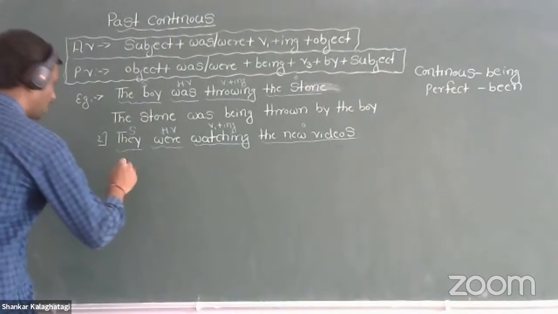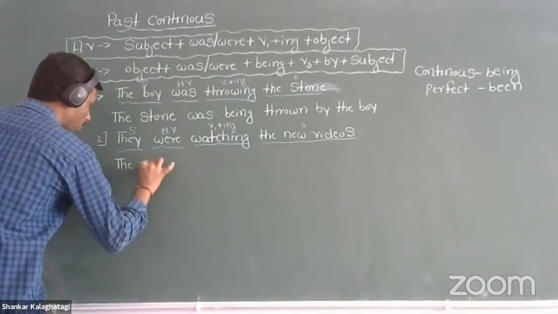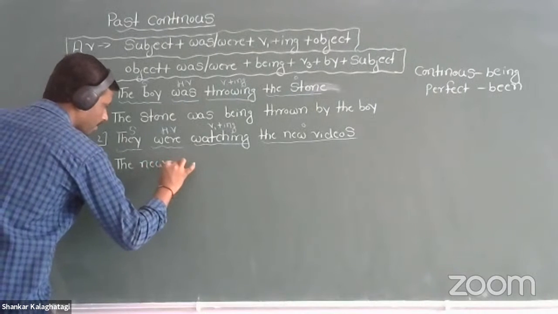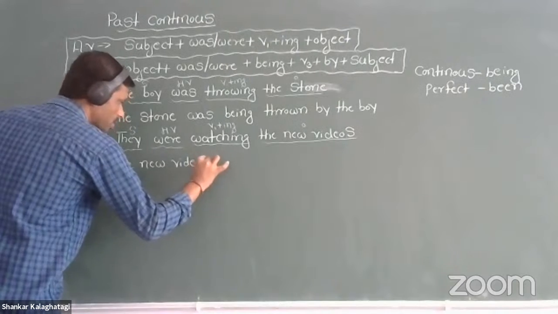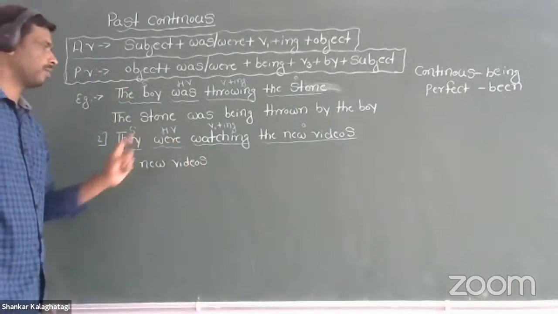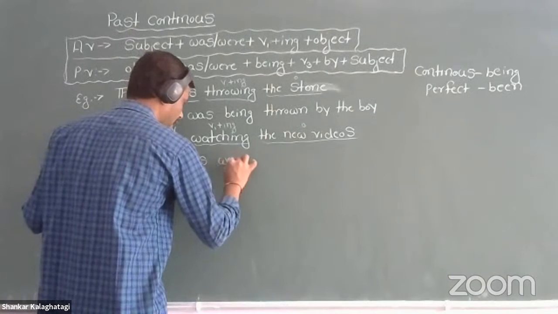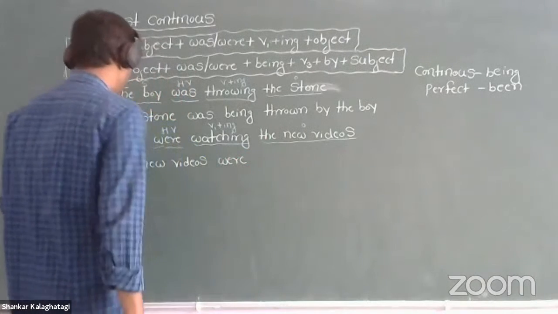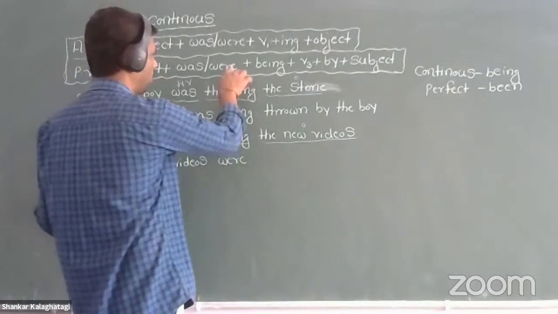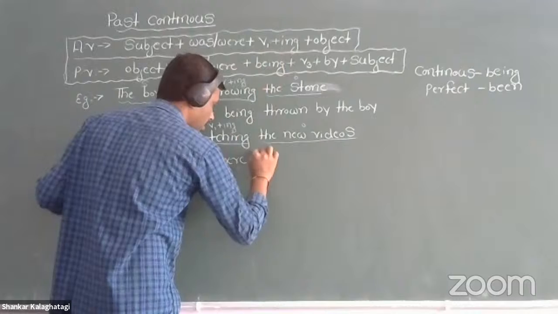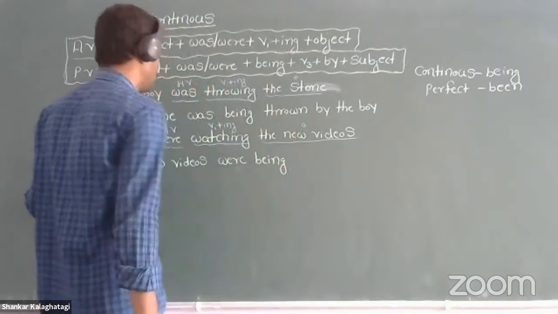So first we have to write the new videos. Now videos is plural. Whenever it is plural, we have to use the plural helping verb only, that is were. The new videos were. After the helping verb, we have to add being here. So write being.